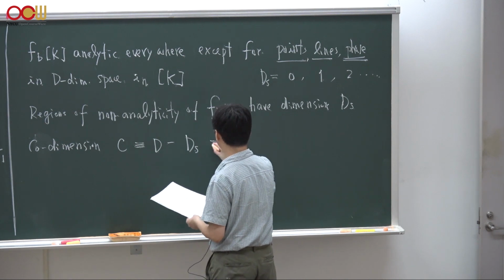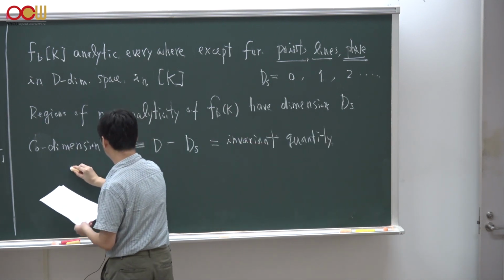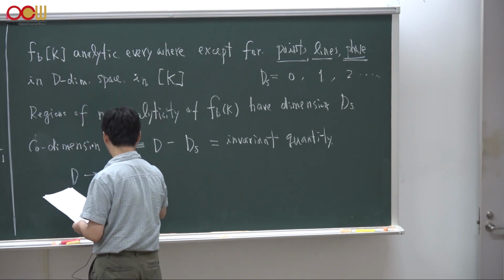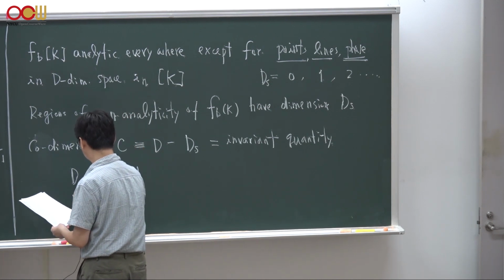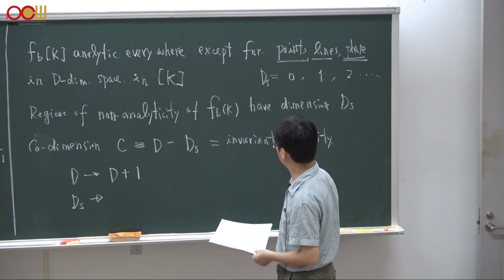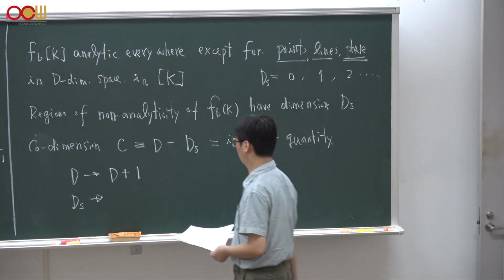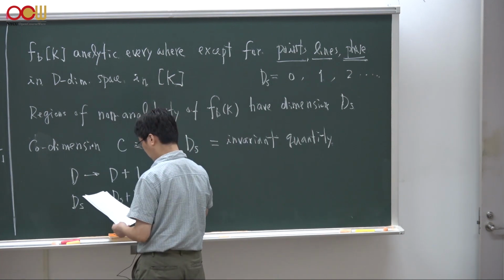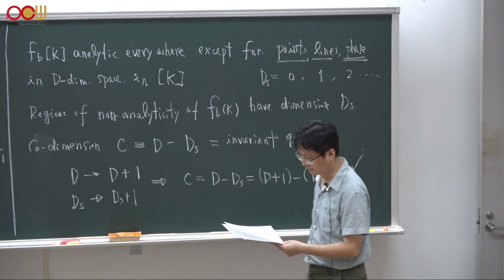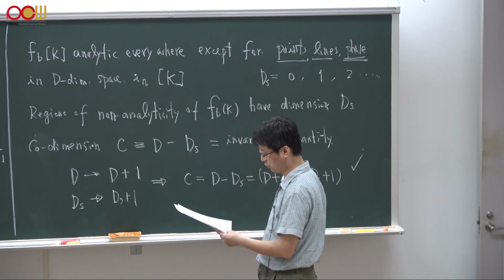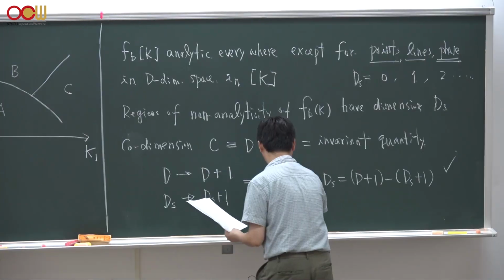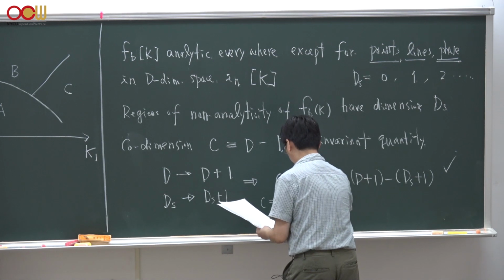And this is actually an invariant quantity, because if I simply change the dimensionality of the coupling constant space, capital D, by +1, correspondingly ds, the dimension where FB becomes non-analytic, also shifts by +1. However, my codimension is still the same. So this codimension is a very useful concept to define the phase boundary. So let's define this phase boundary. When c equals 1, we refer to a phase boundary.